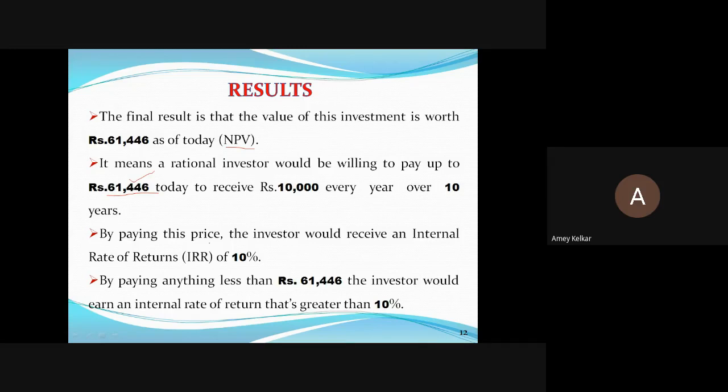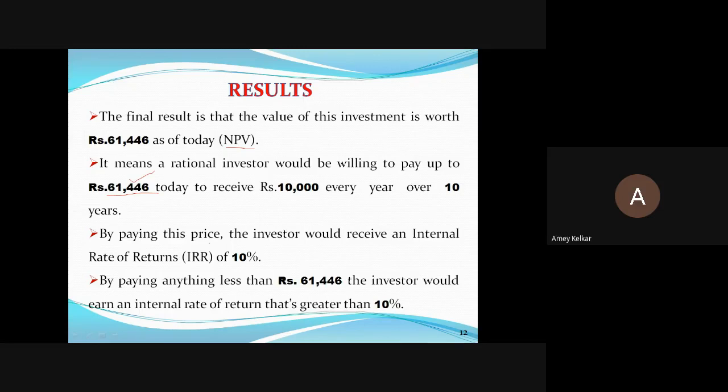They are happy. The proposal is worth it. If they pay anything less than 61,446, they'll get again 10,000 only, but as they have paid less, their internal rate of return increases. Instead of 10%, they are getting something more than 10%. So they are still happy.